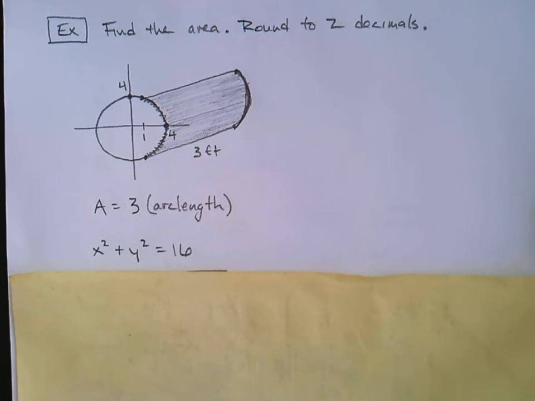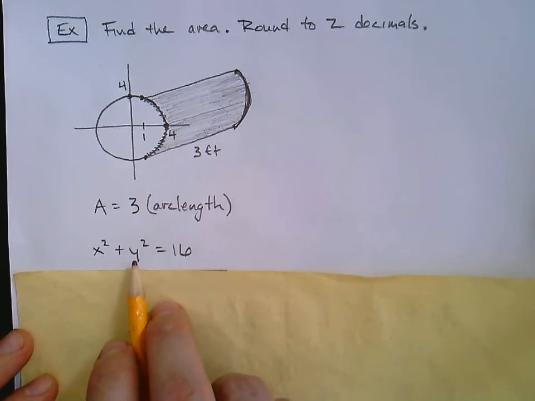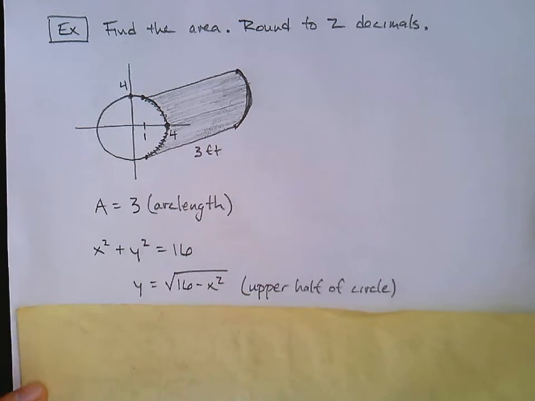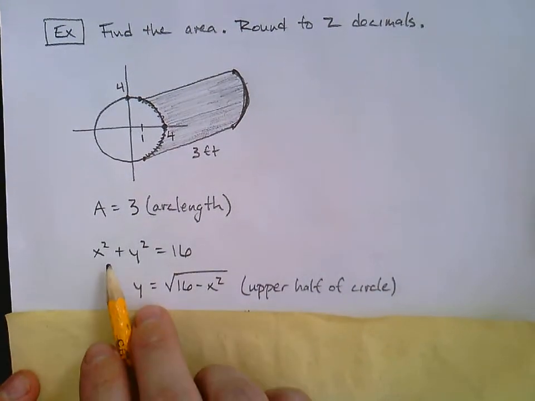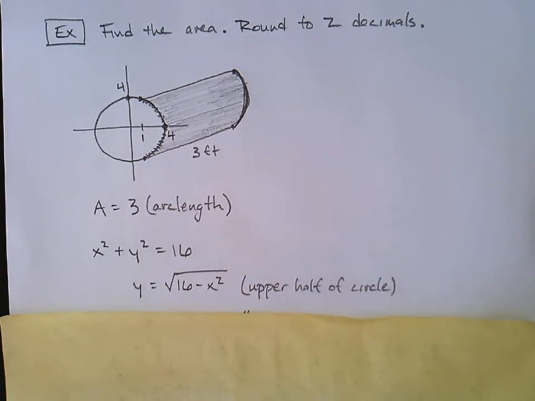Okay, we're off to a really good start with that, but we don't have a function yet. So what we're going to do is take the equation of our circle and solve it for y. If you solve for y, let's see, subtract, square root, you'll get the square root of 16 minus x squared.